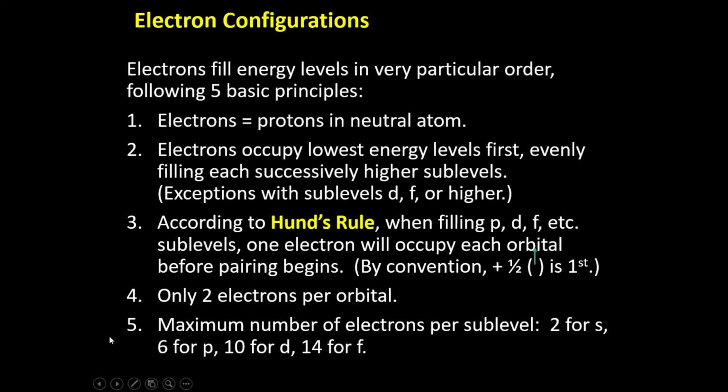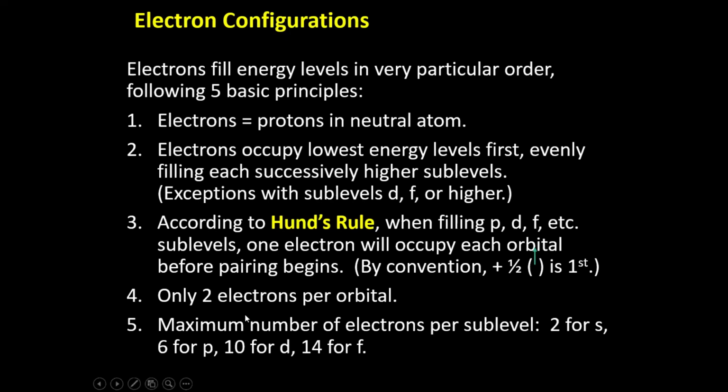So, when we did the spin quantum number, there's an up and a down electron. So we just put 1 electron in each one before we go back, and like the p orbitals, there's 3 of them. And we just put 1 electron in each one before we start going back and putting 2.